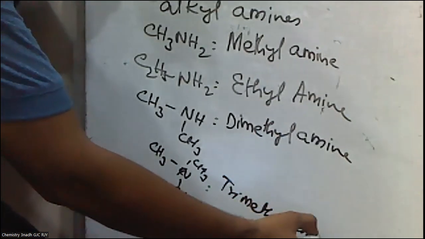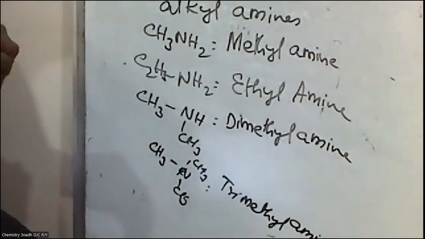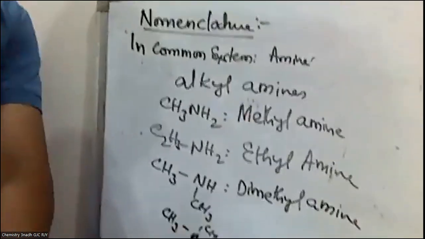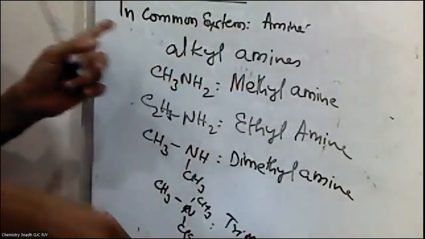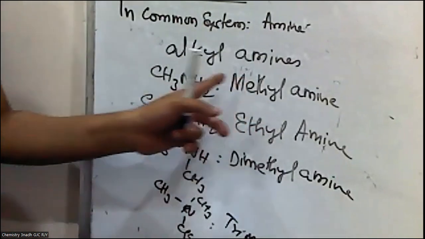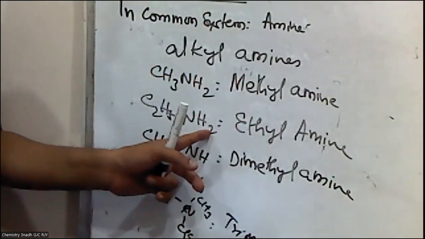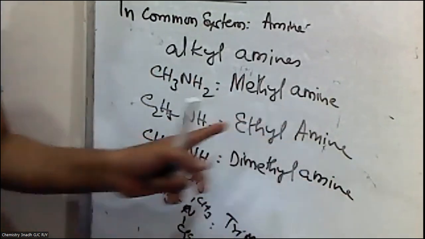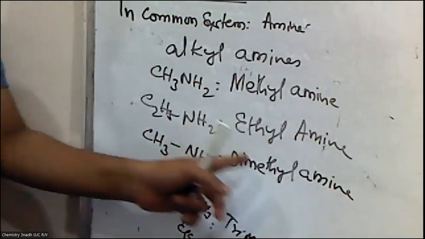So in the common system, amines are named as alkyl amines. If CH3 and H2 are there, it is called methylamine. Similarly, C2H5 and H2 is called ethylamine. If it is a secondary amine, it is called dimethylamine.